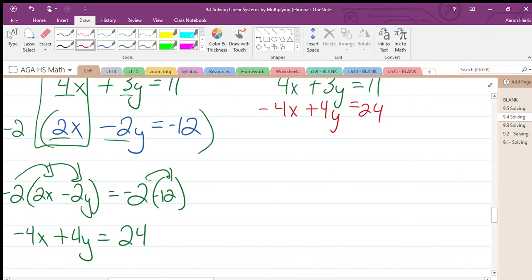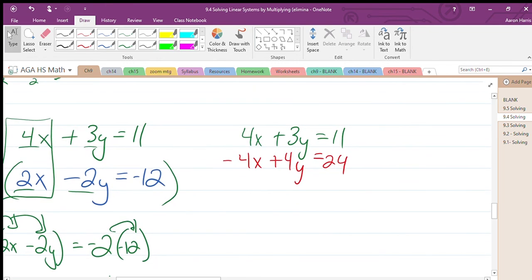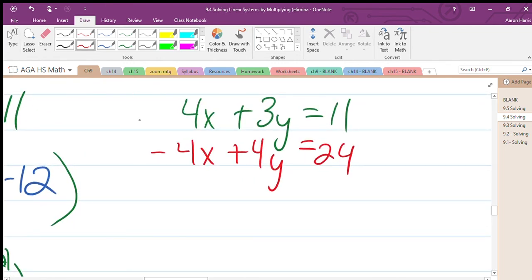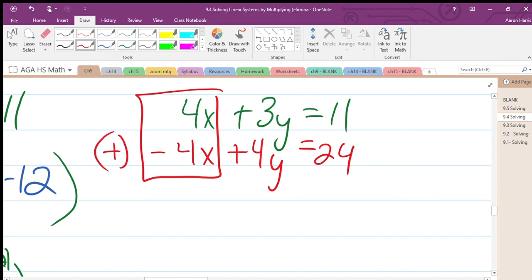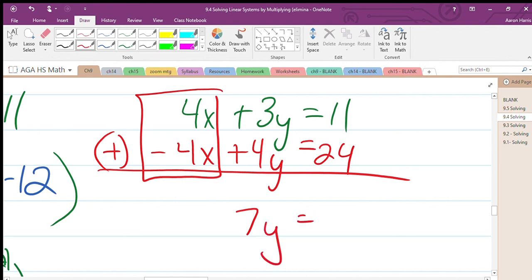So now, with that being said, I'm able to eliminate my x's. 4 and negative 4 are additive inverses, so I'm going to add. 4x plus negative 4x is 0. 3 plus 4 is 7y. 11 plus 24 is 35.